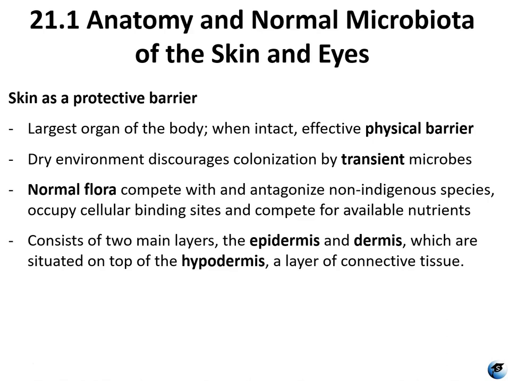Chemicals in sweat and sebum are antimicrobial, which prevents the growth of many microbes. Also, the skin sloughs off, like when your dead skin sheds, it sloughs off microbes attached to the epidermis. Normal flora of the skin compete with potential pathogens for nutrients and for space. Your normal flora produce chemicals that interfere with the growth of other microbes, which also defends against infection.